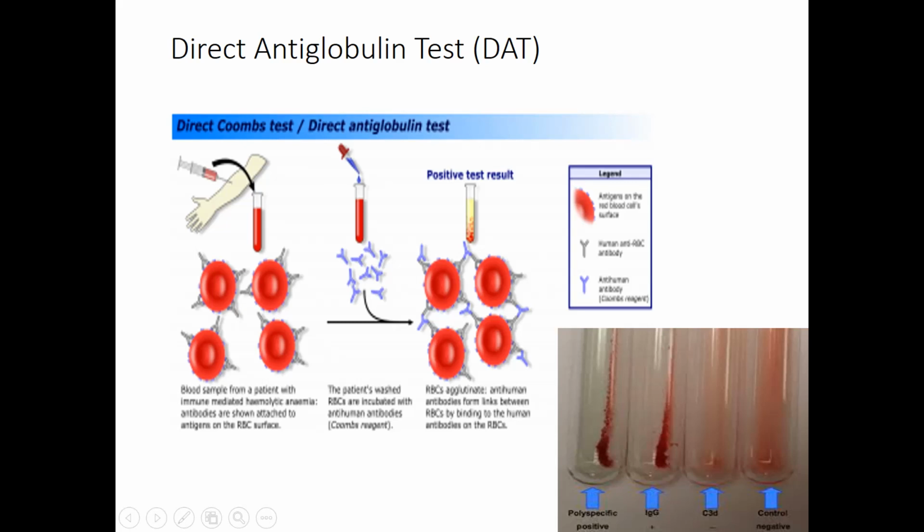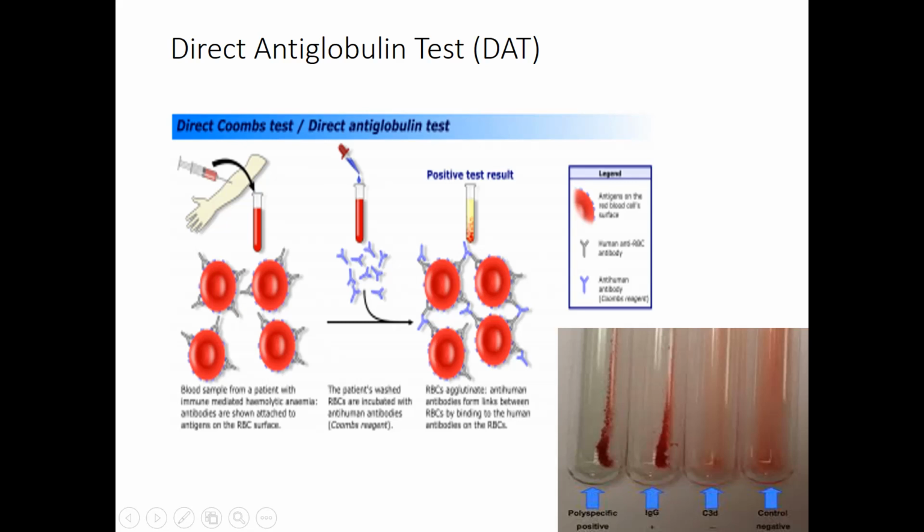We run anti-C3b, C3d, I can't read mine, it's too small for me, anti-complement, and we got a negative reaction. So we know complement has not been fixed. So it's not going to be an IgM. That would have turned positive at this point for sure.